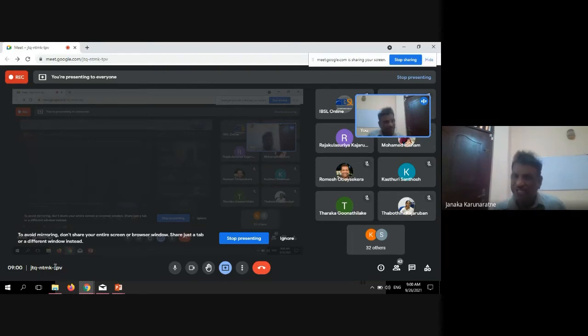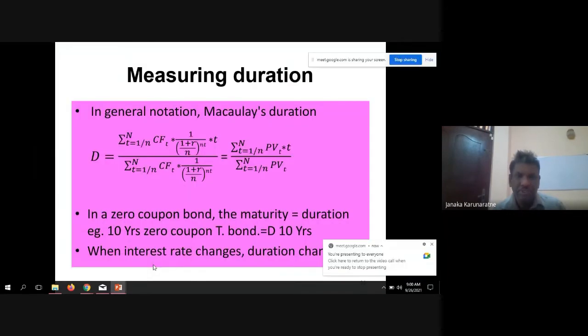The price will change, but your coupon will stay the same and you will receive the fixed coupon, right? So what is important is the interest rate, that is the yield, and the coupon, which derive the present value, right? Clear? So this is the price part, okay?